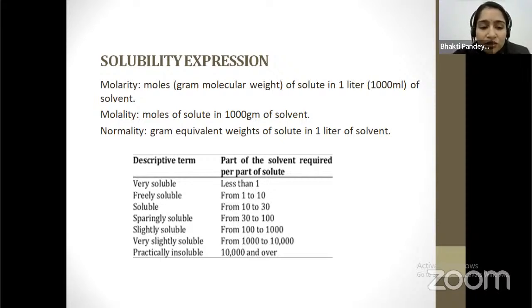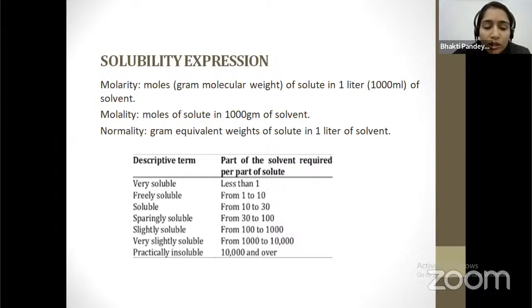First of all, in descriptive terms, there is very soluble, which is less than 1. It means less than 1 part of solvent is required to dissolve 1 part of the drug. Then comes freely soluble, from 1 to 10.